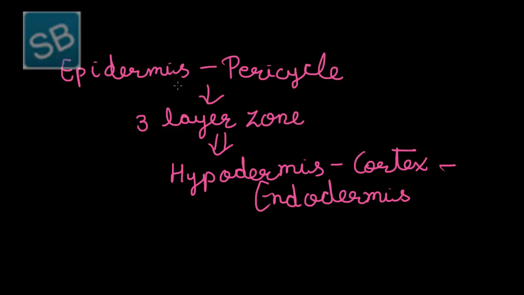The cells between epidermis and pericycle are arranged in multiple layers and constitute the cortex.